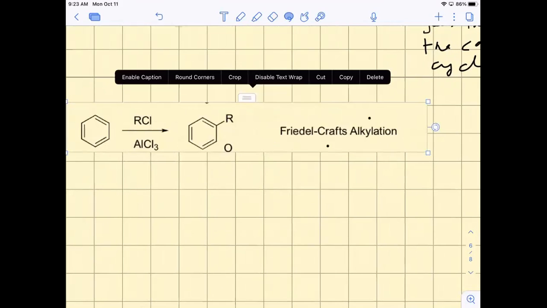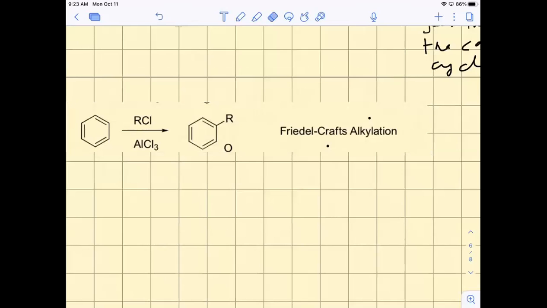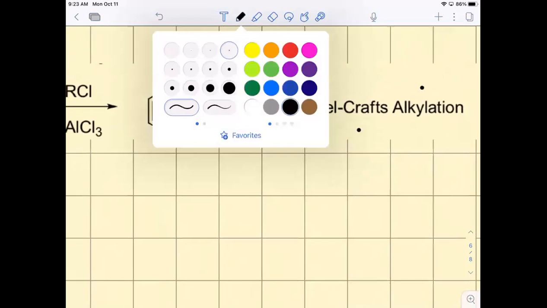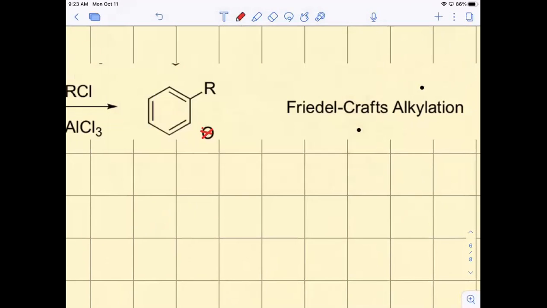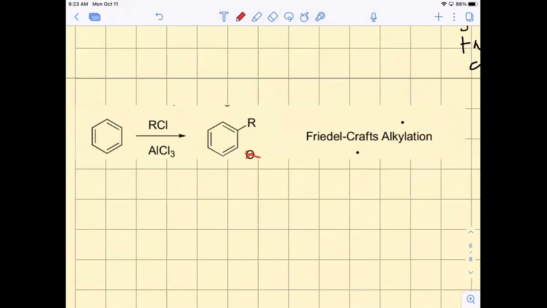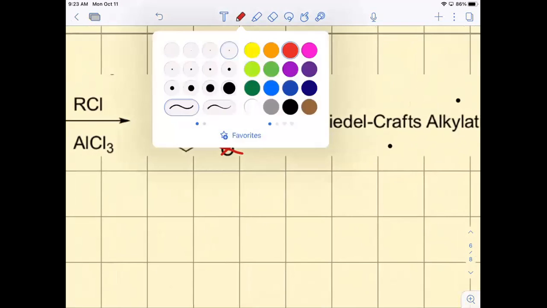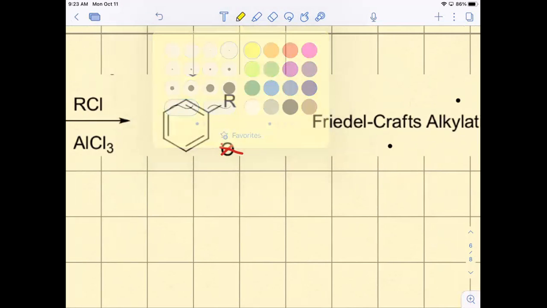Let me put, just so you know that's not part of the reaction, because I don't want you to look at that later and be like, oh, where does random oxygen come from? So that's not a part of the reaction. In fact, I might as well just block the whole thing out.